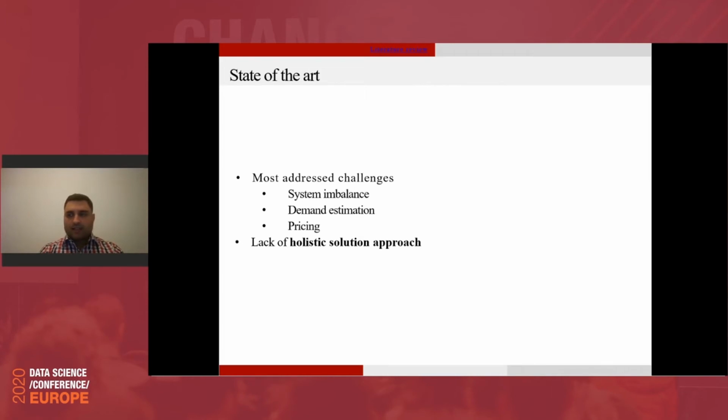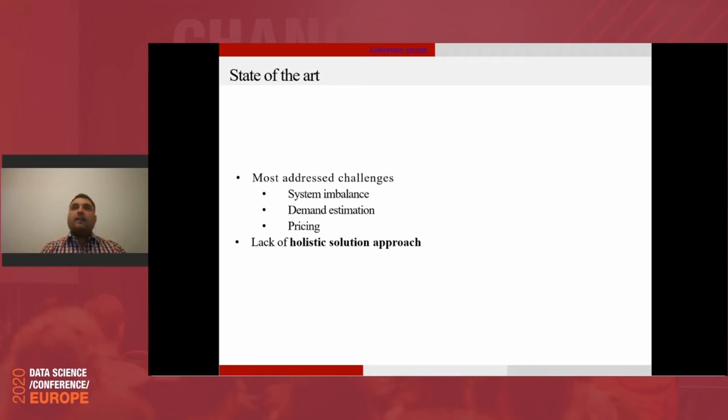And the state of the art regarding these systems showed us that most of the challenges are addressed individually, neglecting the influence of the other decisions. Most addressed challenges are system imbalance resolution.